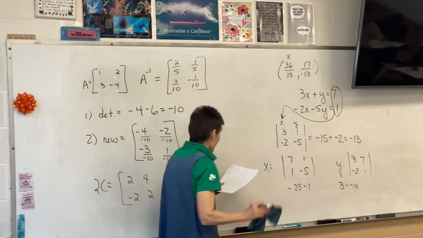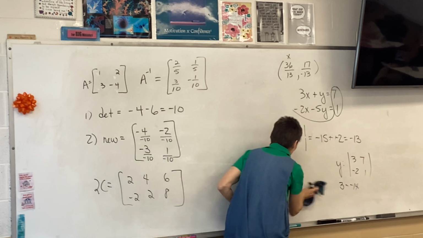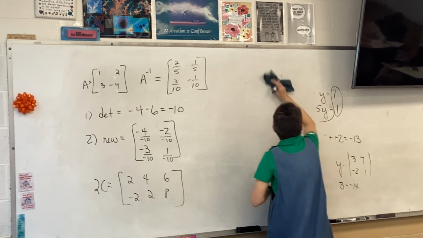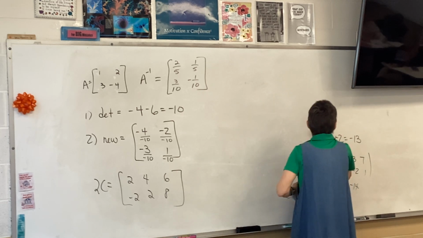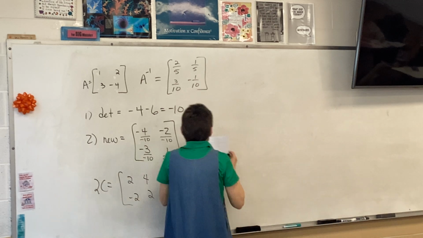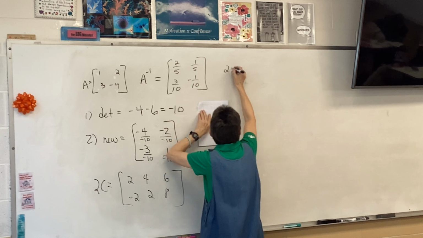All right, A times C. Before I write it out, can I multiply A times C? What are the dimensions of A? 2 by 2.